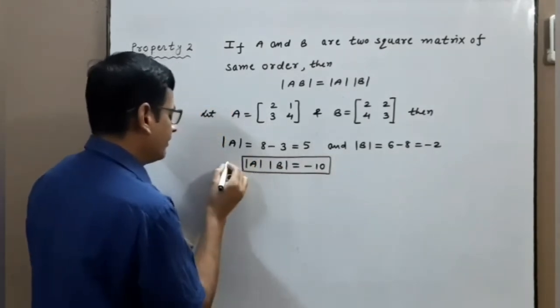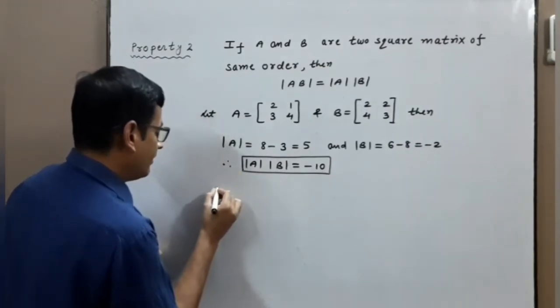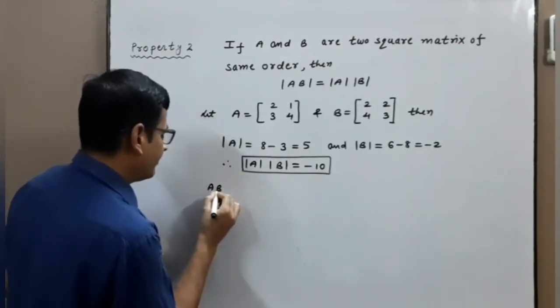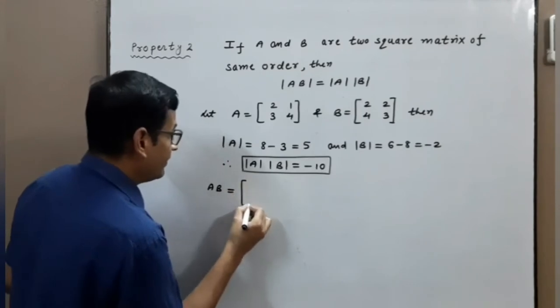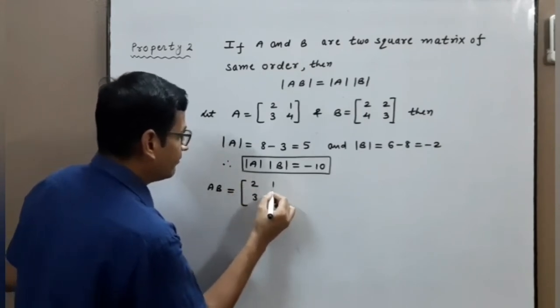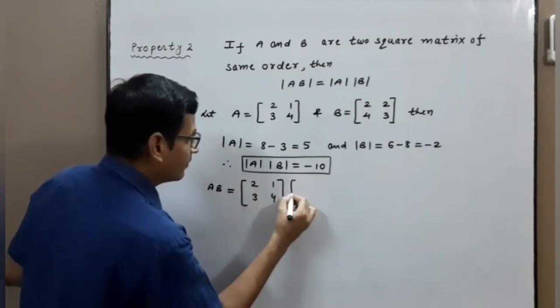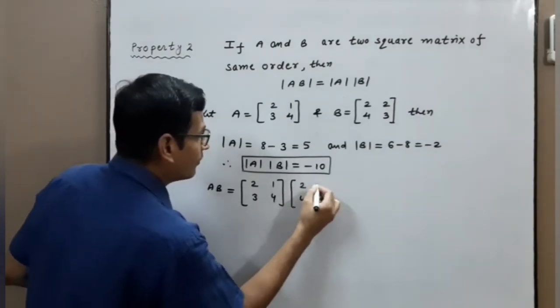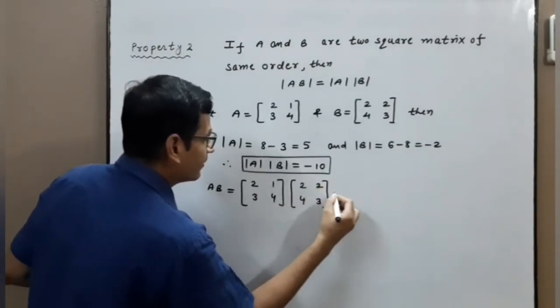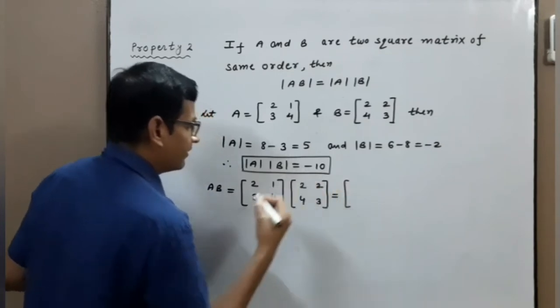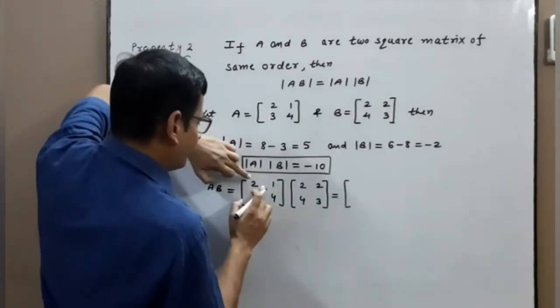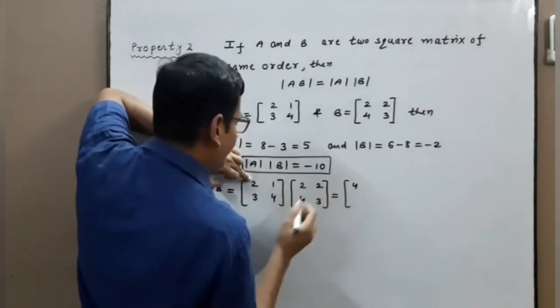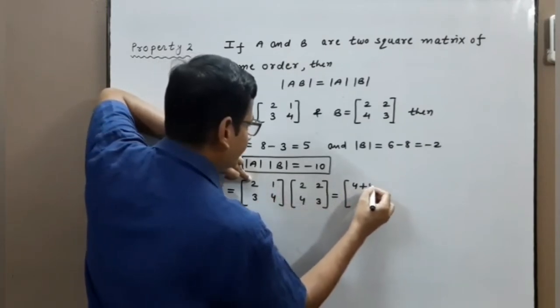Now find product of matrix A and B. So AB is equal to [2, 3; 1, 4] times [2, 2; 4, 3]. Now simplify. Row by column. 2 into 2, 4, plus 3 into 4.